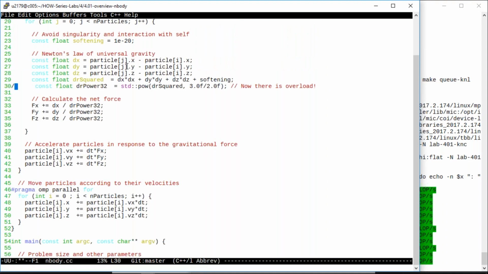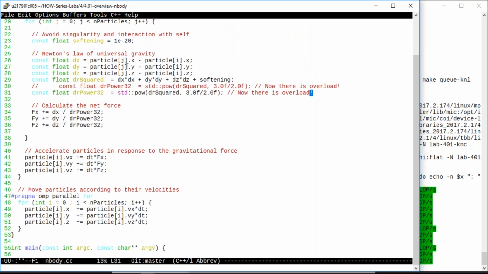This is a legitimate solution, and let me show you how to achieve the same result with a different method. If I was using C, then I wouldn't have namespace std. In C, my solution would be different.